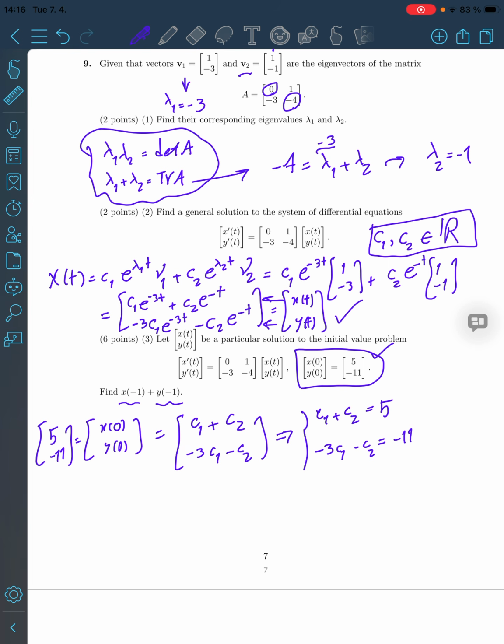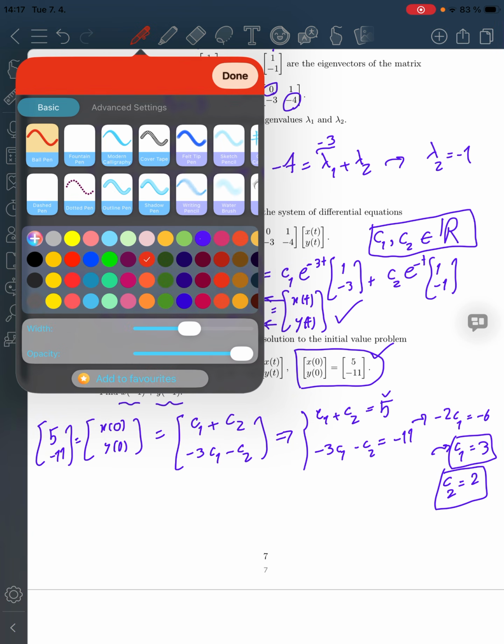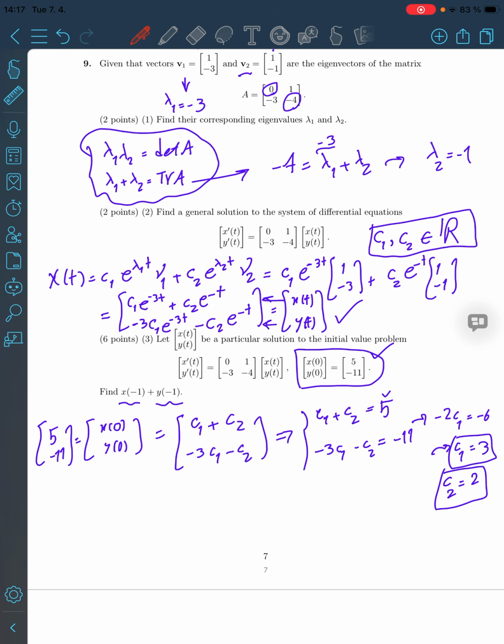Now you can easily compute c1 and c2. For example, if you add them up, you have -2c1 = -6, therefore c1 = 3. And if you substitute c1 into the first equation, you will see that c2 = 2. So in the general solution, c1 is 3 and c2 is 2.